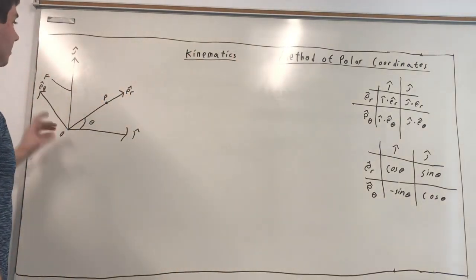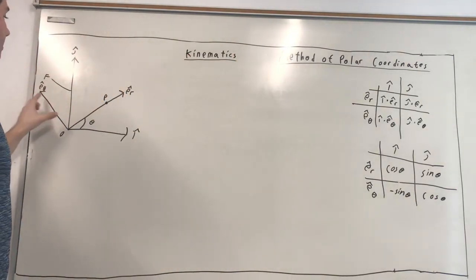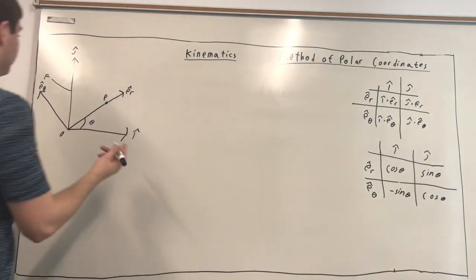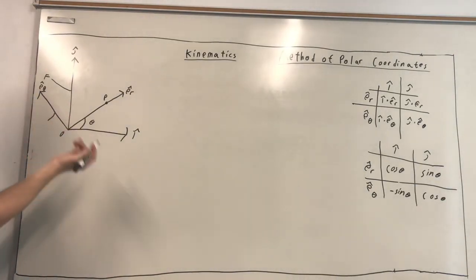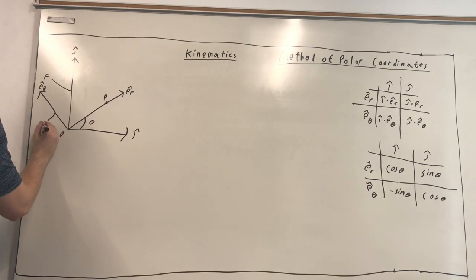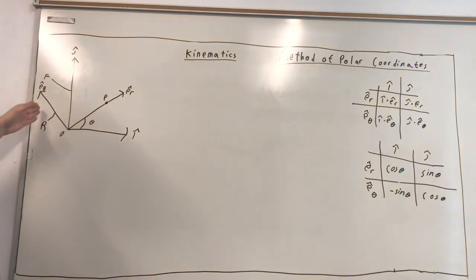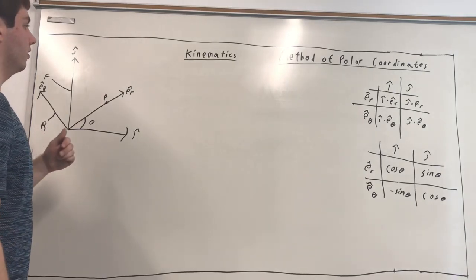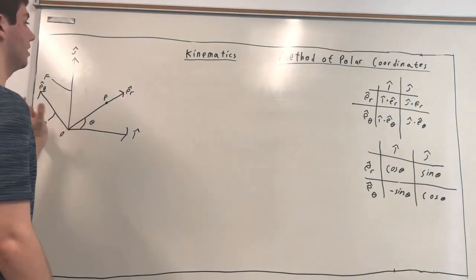So the difference is now you have another additional frame that we're going to call the R frame that is rotating, and you also still have your fixed frame, but you're going to write it in terms of your rotating frame.